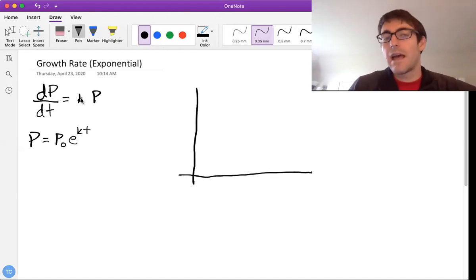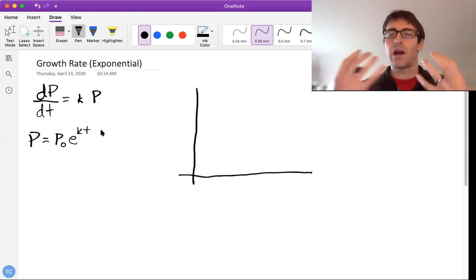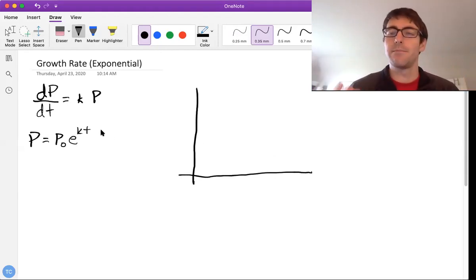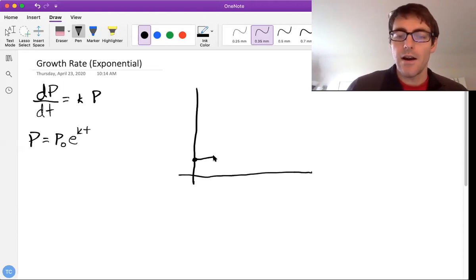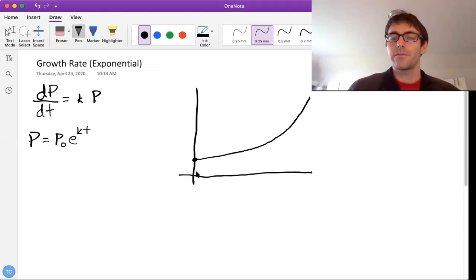Again, this k is typically going to be some fixed number that comes from the context of the question. It gives us a sense of what our units are for our time t. But this P naught is typically our starting place. So we might start at a certain value here, and then our exponential growth should look something like this.